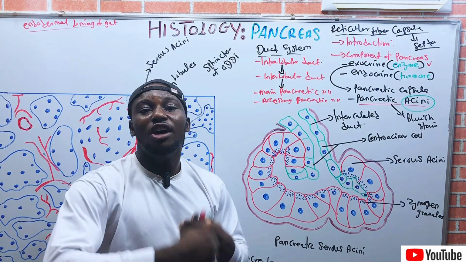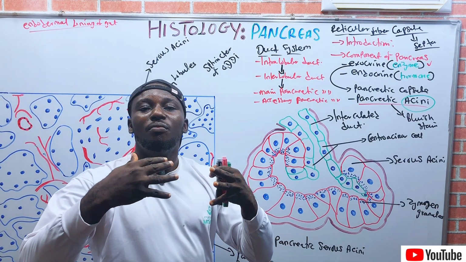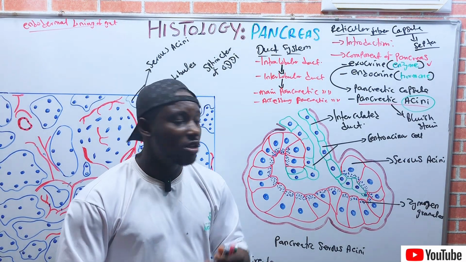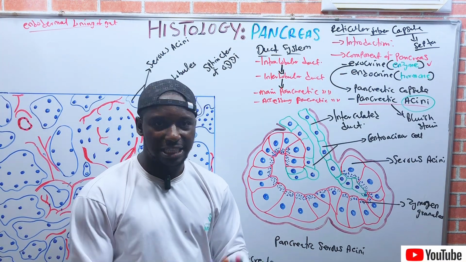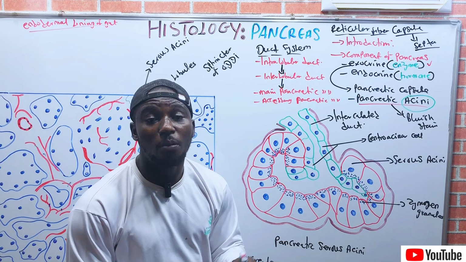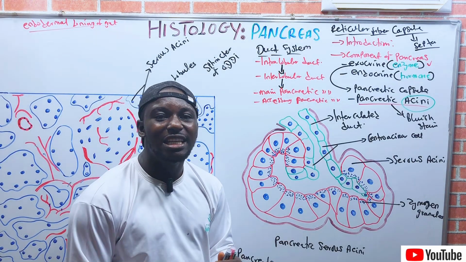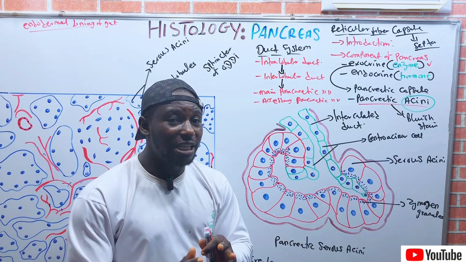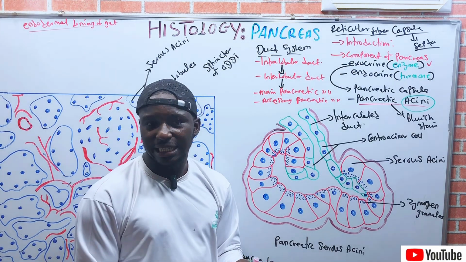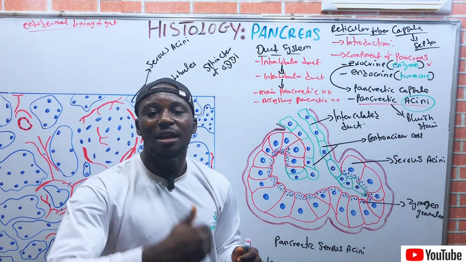That is why they occur in the pancreas in the form of what? Zymogens. Zymogens are the inactive form of an enzyme which needs to be activated to become active in performing its what? Catalytic function, right? That is to say that the pancreatic juice enzymes are not active in the pancreas.